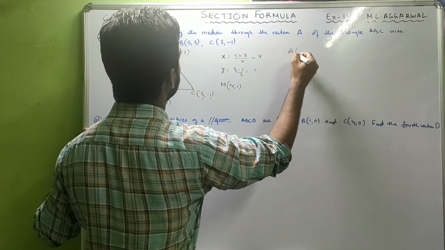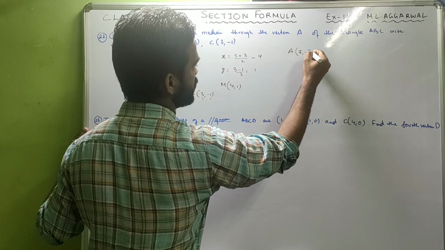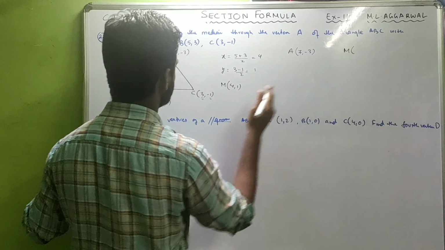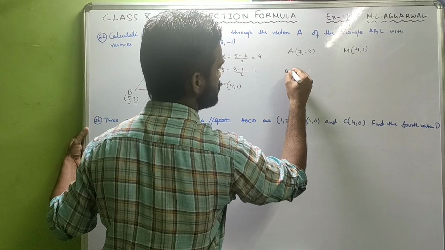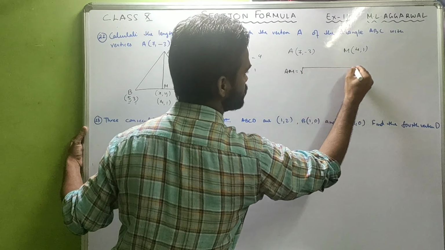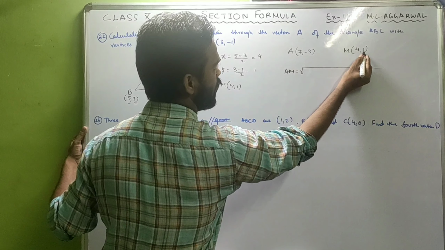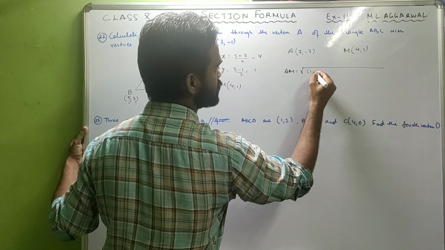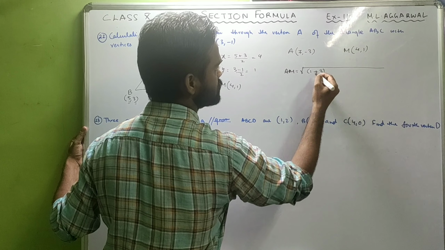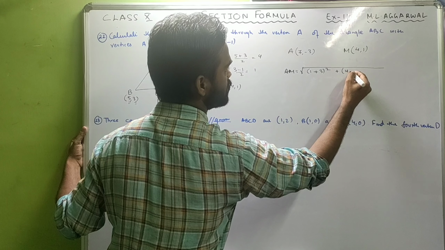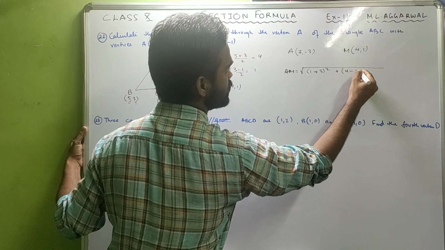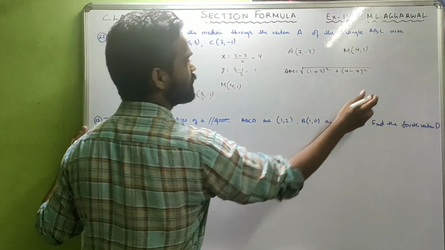Now, the distance AM, very easy. Distance formula. A is 7 comma minus 3, and your M is 4 comma 1. So AM, the distance, is y2 minus y1, that's 1 minus of minus 3 becomes plus 3, and then x2 minus x1 whole square. Am I clear?